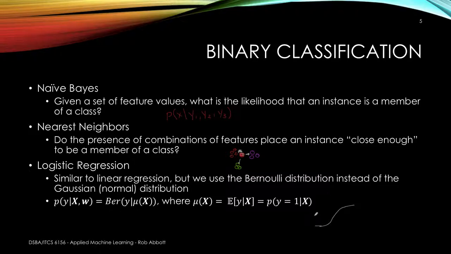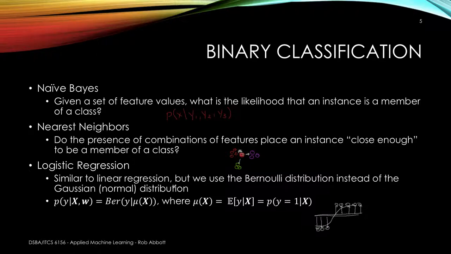And what you want is anything that's predicted by the model above this 0.5 value for y is predicted to be in the class, so it's true. And anything that's below this 0.5 threshold gets predicted into the not in or the false class.